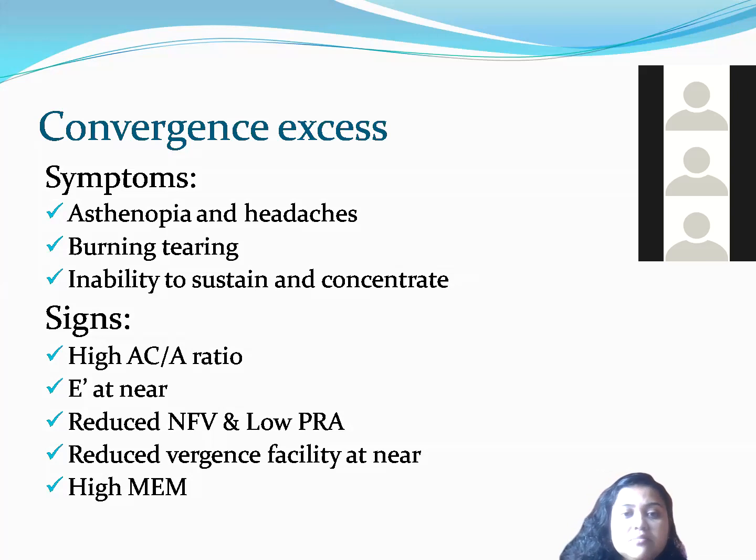Or if you are measuring the phoria with a Maddox rod or Thorington's method, you will find that the near esophoria is always greater than the distance esophoria. At distance, the patient might not have any esophoria; the patient may be orthophoric at distance. But for near, definitely the esophoria or the esotropia will be much more in case of convergence excess.